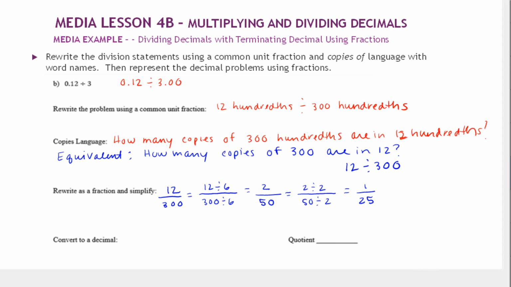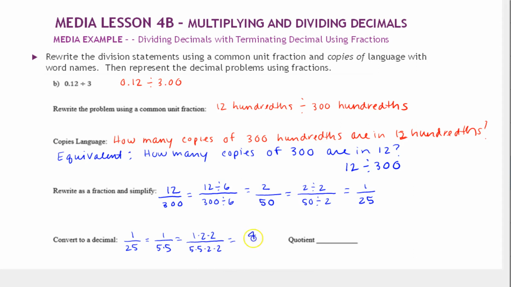So now let's convert this to a decimal. Well, 1/25, that's the same as 1 over 5 times 5. So to make this a power of 10, we're going to need 2 factors of 2 to match up with the 2 factors of 5. Times 2 times 2, and we'll also do that to the top.